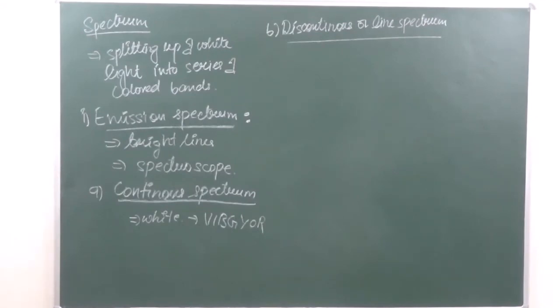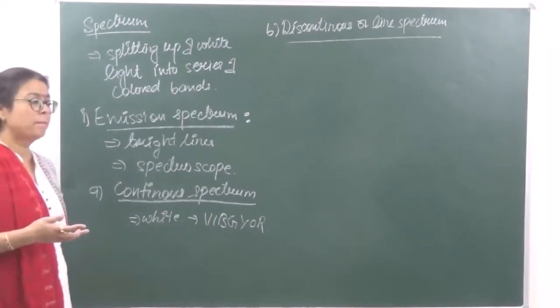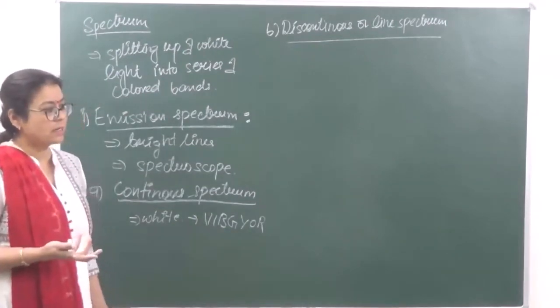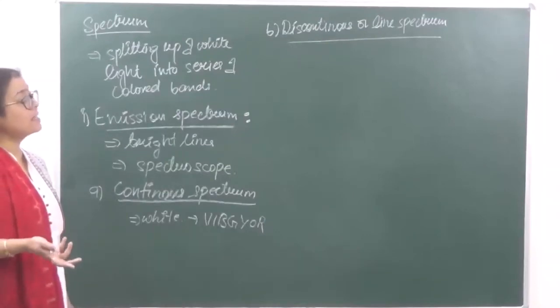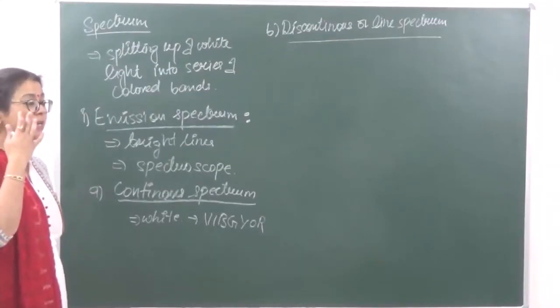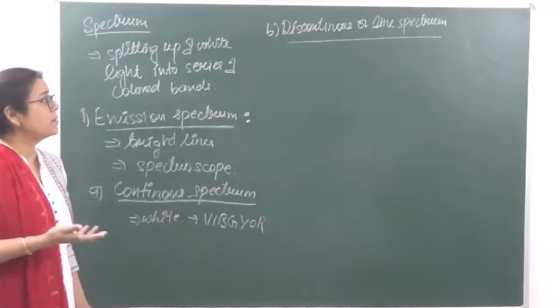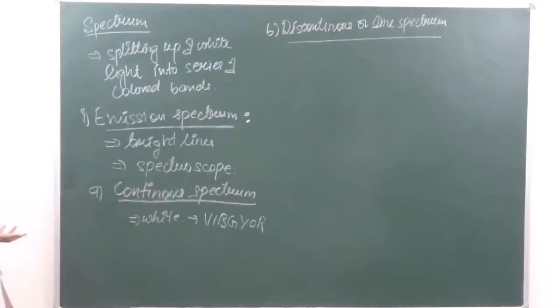So when we are taking the vapors of a chemical substance, we heat it in a flame or in an electric arc, right? And then the radiations which are emitted by heating these chemical substances in electric arc or in heat, they are analyzed in the discontinuous spectrum.